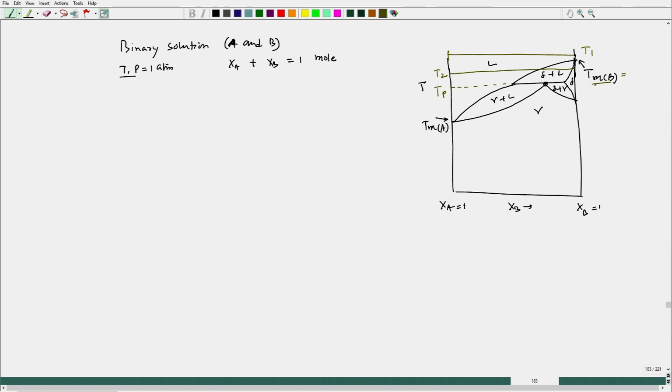One temperature I can consider here, which is T3. Then this is T4. One more is at T equal to TMA, and then I will go farther down, which is T5. So, if I check the free energy composition diagram starting with T1, let us see how it looks.